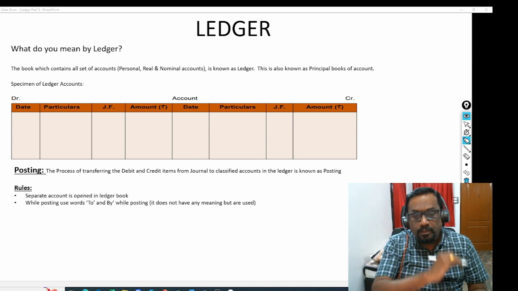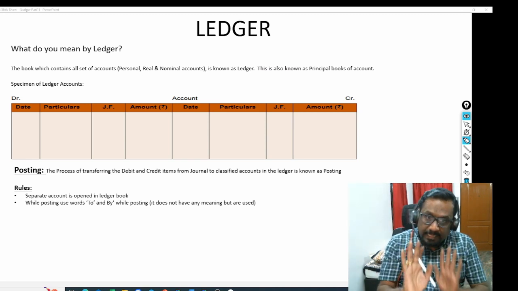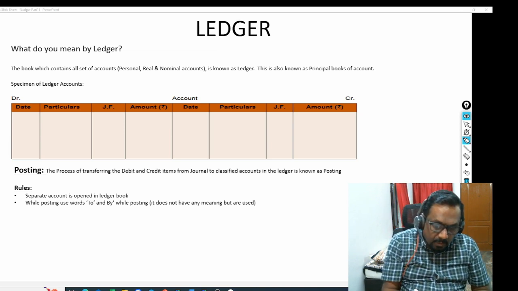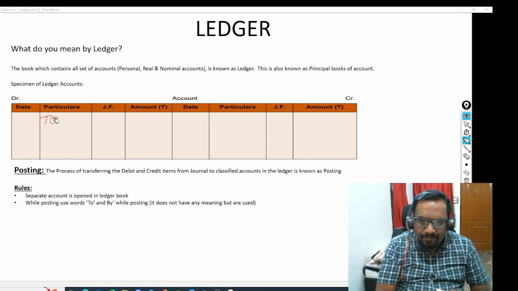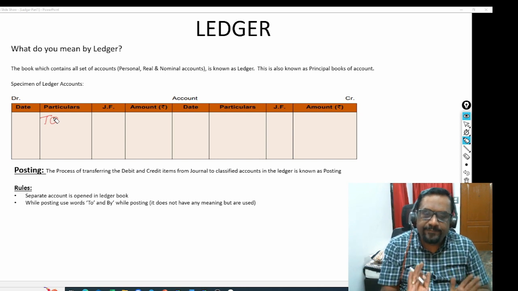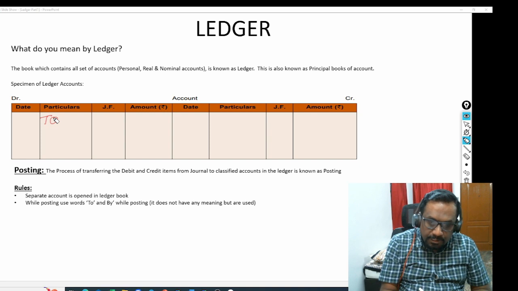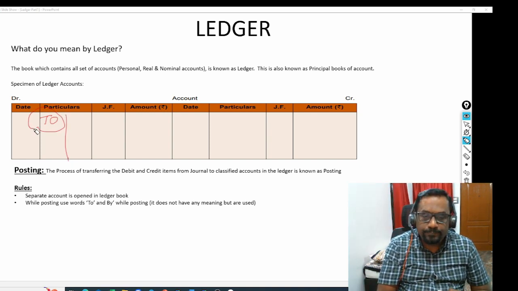Now, what are the rules to post? How to post, I will explain later. But when you are posting transactions in the debit side, we generally use the word "to". Is there any meaning for that? No meaning. But that is how it has been defined in accountancy. When I am posting in the debit side, I use "to".